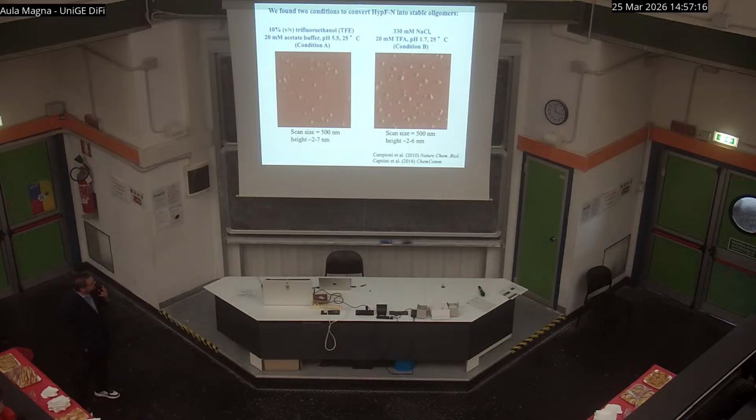We found that both conditions, which are very different in terms of pH, organic solvent composition and so on, could convert hyperfen, the protein hyperfen, into oligomers. And the oligomers were similar in terms of shape, at least from the images that Annalisa provided. We can see a similar shape, a similar height, so a similar size and shape of the oligomers.